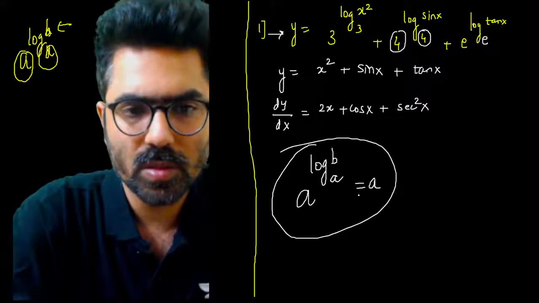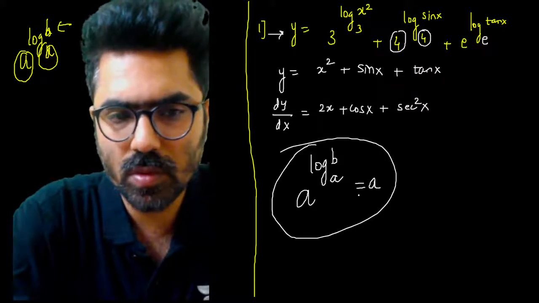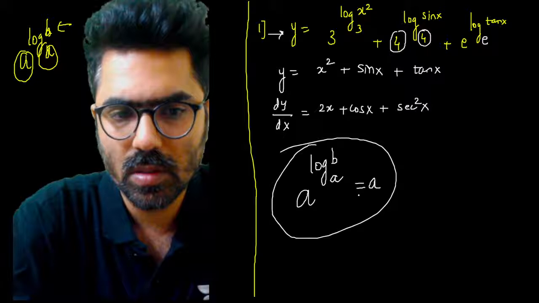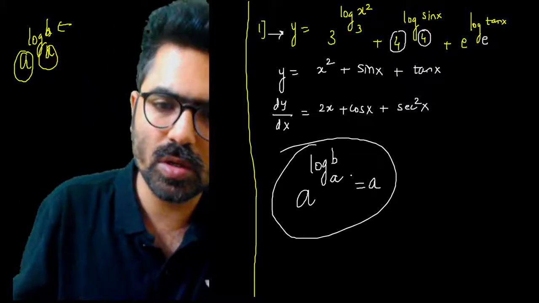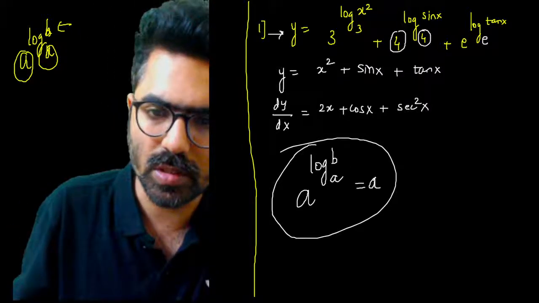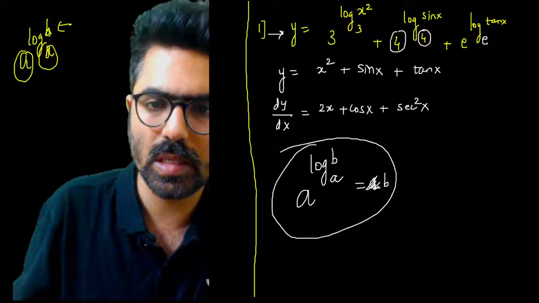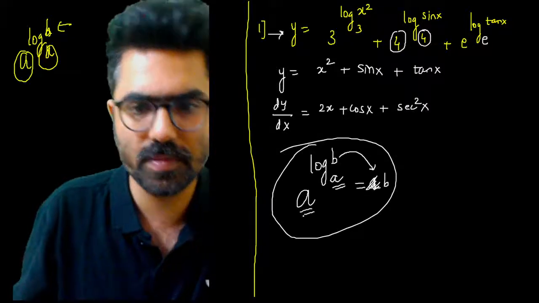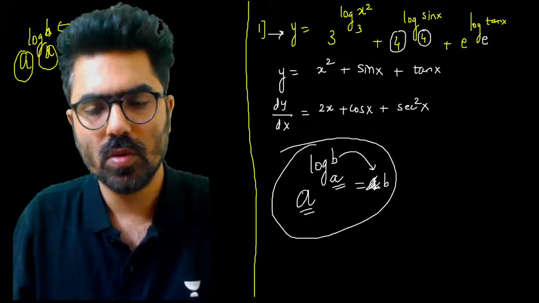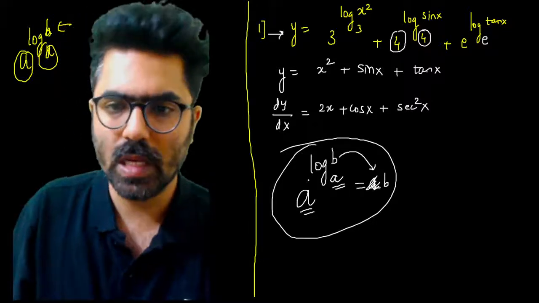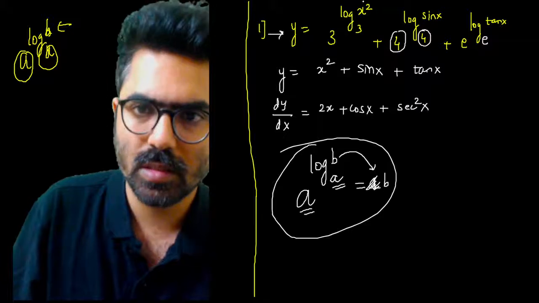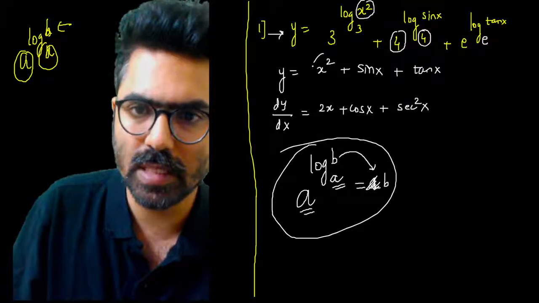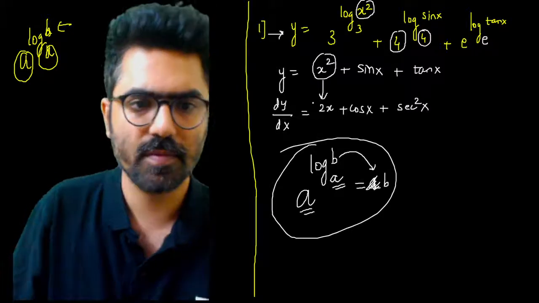Sorry, this is b. The base and this should be the same. So these properties will help you to simplify and analyze it, and this x square directly आ गया, and then the derivative.